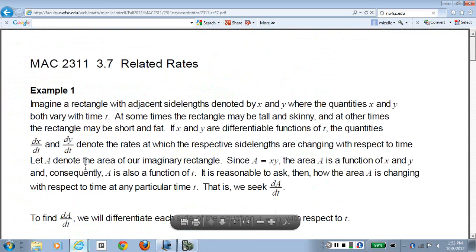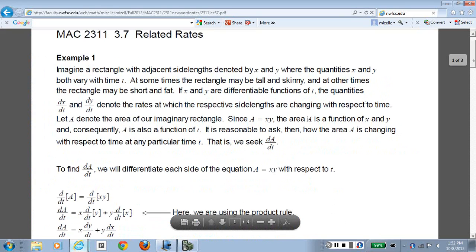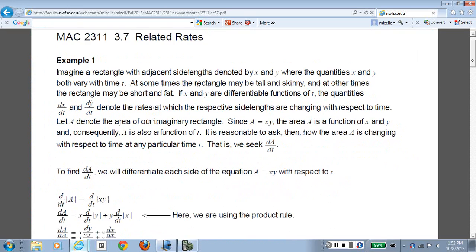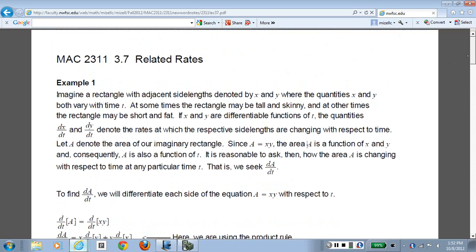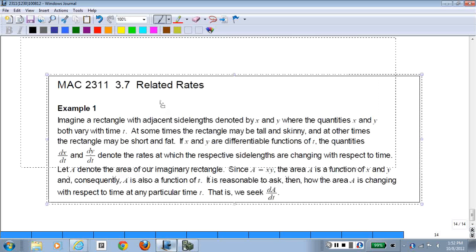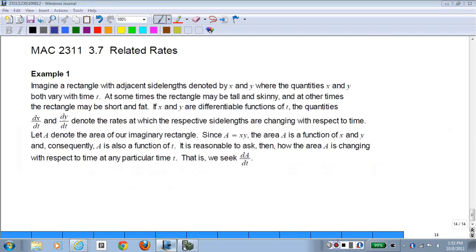3.7. Example 1. Imagine a rectangle with adjacent side lengths denoted by x and y, where the quantities x and y both vary with time.